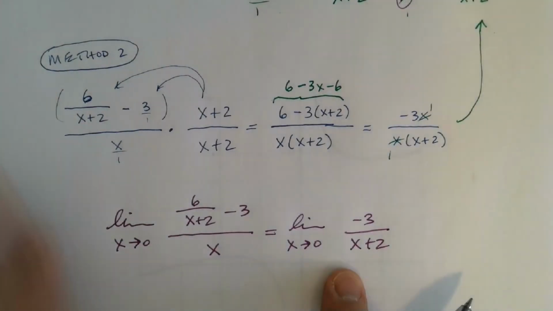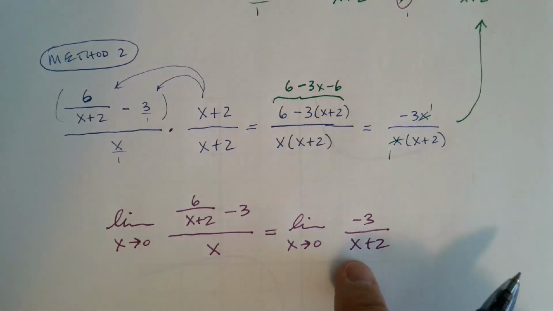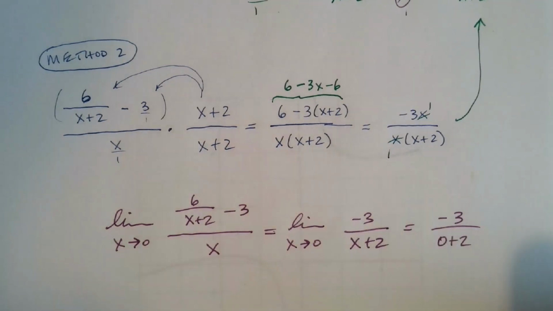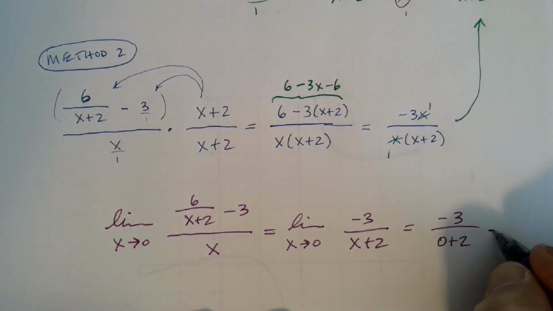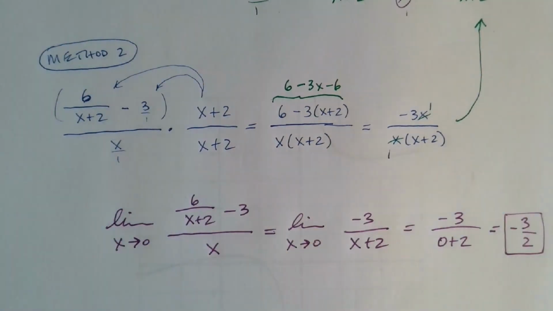Right? But this one I can evaluate, because when I plug in, unlike the original where I get 0 over 0, this one I get what? Negative 3 over 0 plus 2, which is negative 3 halves. And there is the limit.